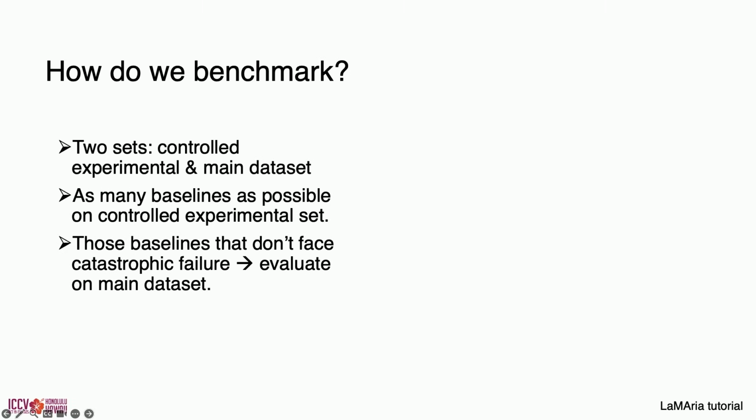We run as many baselines as possible on this set because it follows similar motion patterns that exist in existing SLAM datasets. If a baseline fails catastrophically on this set, there's a high probability that it won't work on the main data set, and will probably fail worse. Those baselines that succeed then move on to the main data set evaluation.